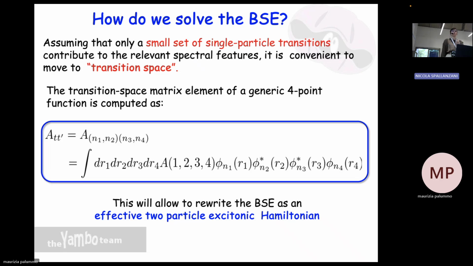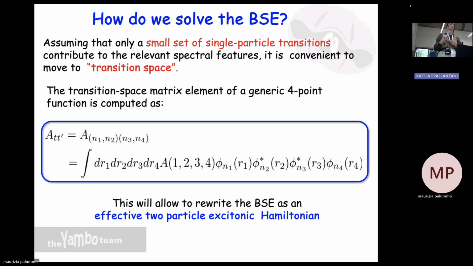What you can do generally, if you have a function of 4 points, like our P bar, is this: we have an equation of 4 points in space and time, 1, 2, 3, and 4, also including spin, for each of these 4 points.